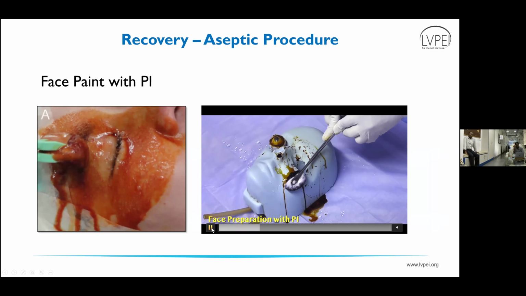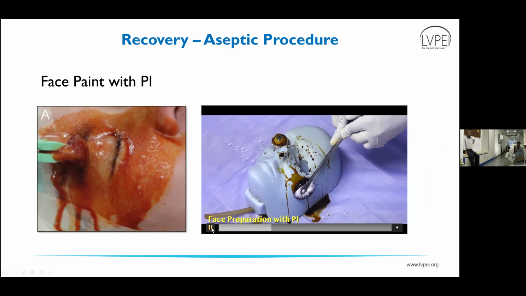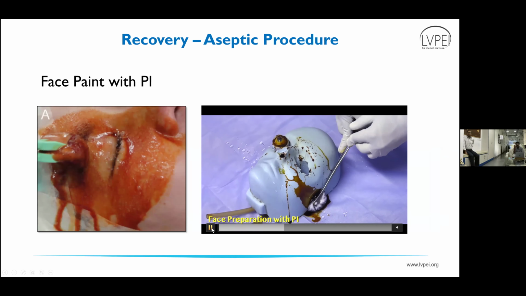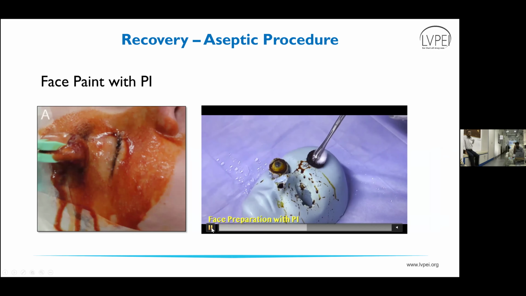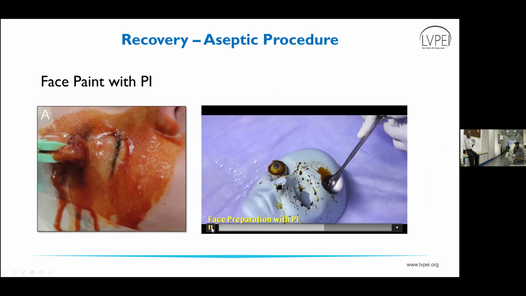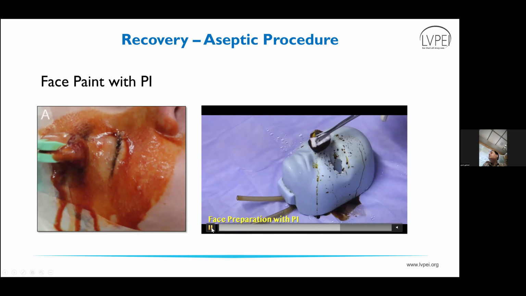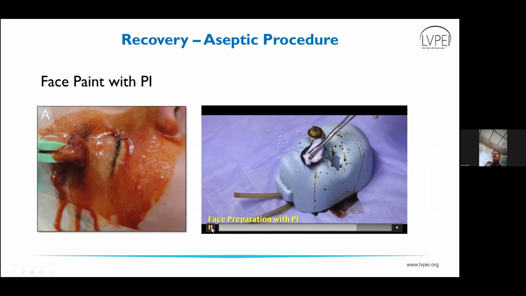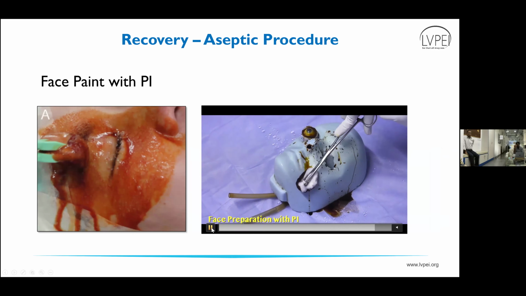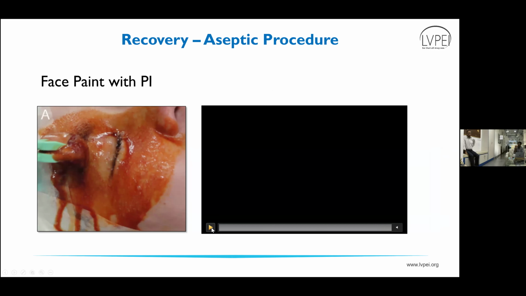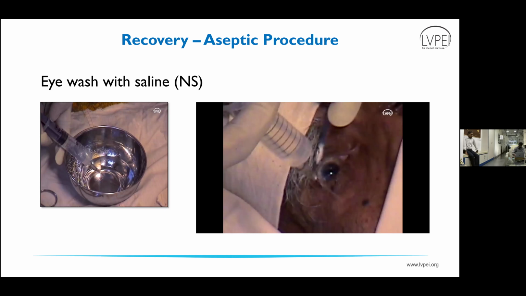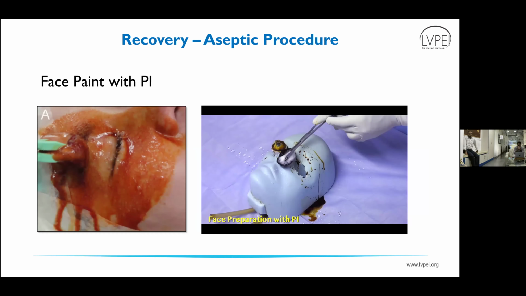Then we take another cotton ball, dip it in povidone, and paint over the eyebrows, and that is the second line. The third line would be below the eye, over the cheek, the fourth line will be over the forehead, and the fifth line will be below the cheek. This is how we have to do the cleaning. You have to put 5 lines with 5 cotton balls for each eye.